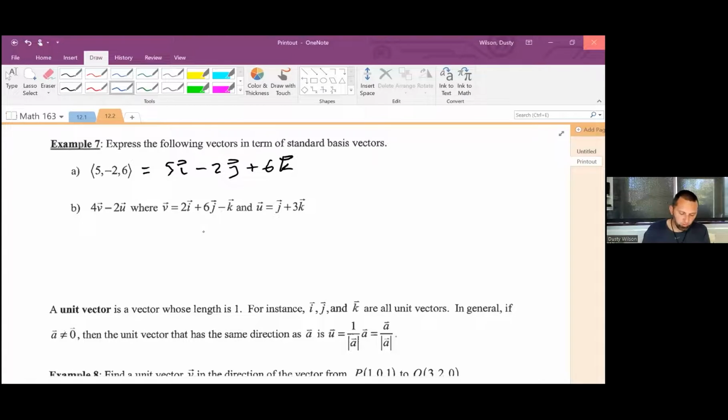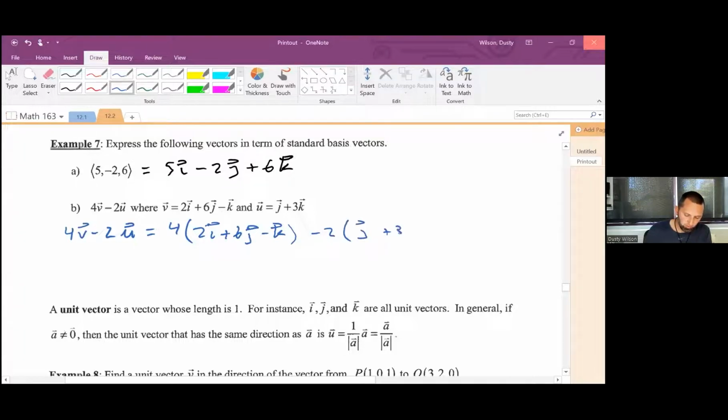So if we follow along, we're saying that 4v minus 2u would be 4 times v, 2i plus 6j minus k, minus 2 times u, j plus 3k. So now we can just distribute. We're just doing algebra kind of old-fashioned style.